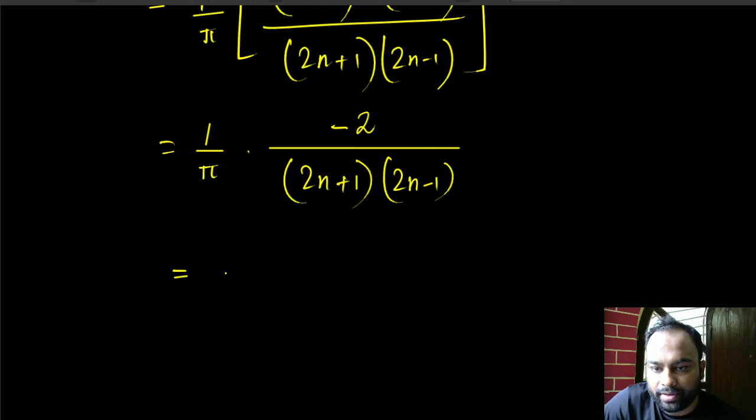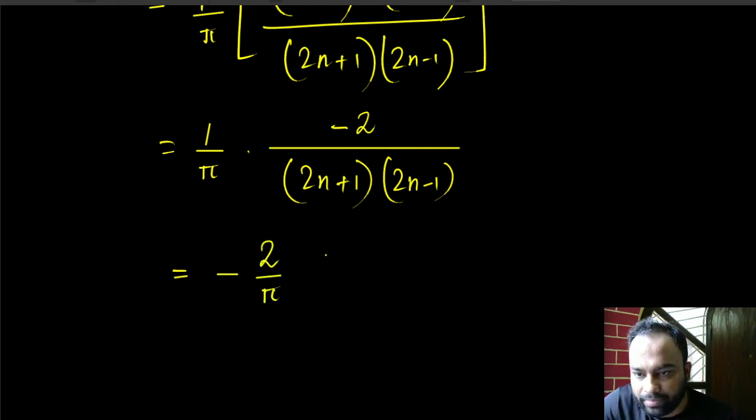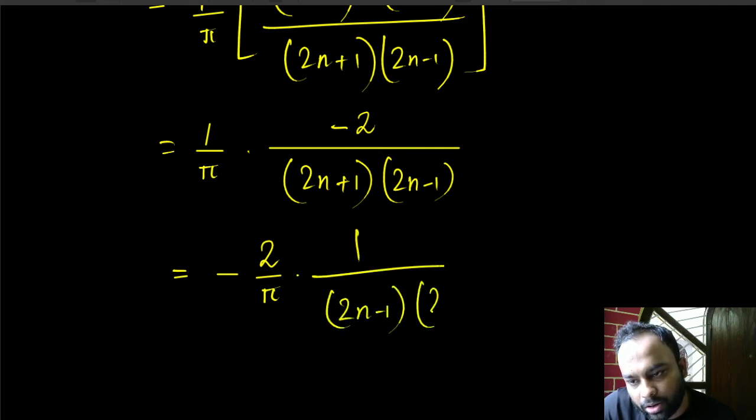So I have minus 2 by pi into 1 by (2n minus 1)(2n plus 1).